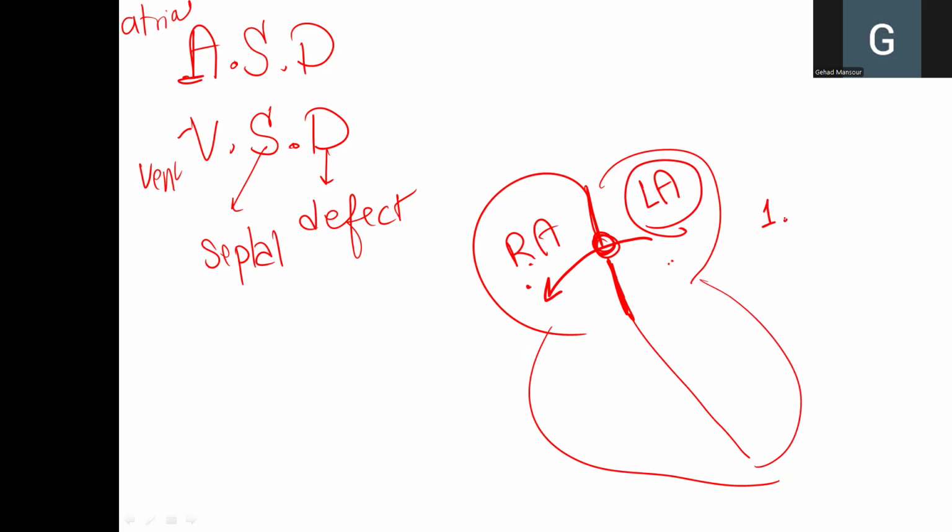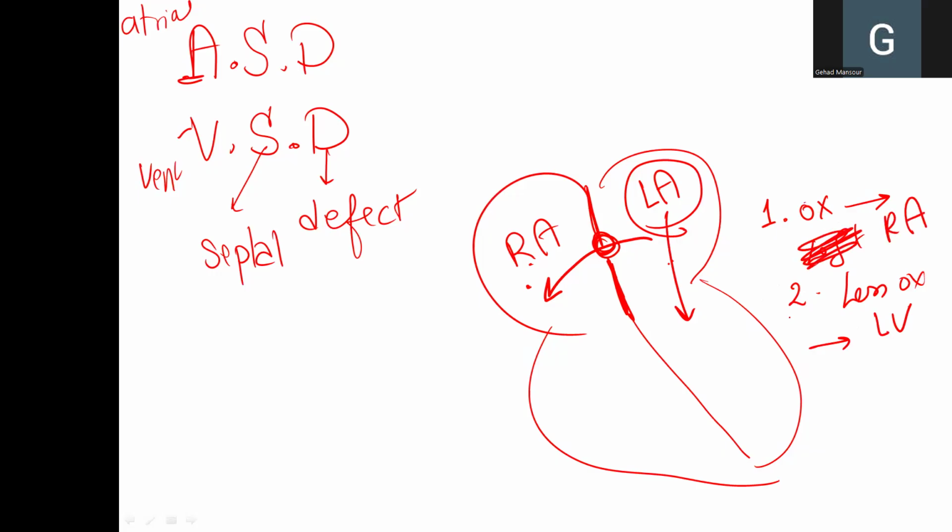So this is the first result, that oxygenated blood would pass to the right. This means that automatically less oxygenated blood would go to the left atrium. And then number two, you will have less oxygenated blood that passes to the left ventricle, and therefore you would have less oxygenated blood into the aorta.